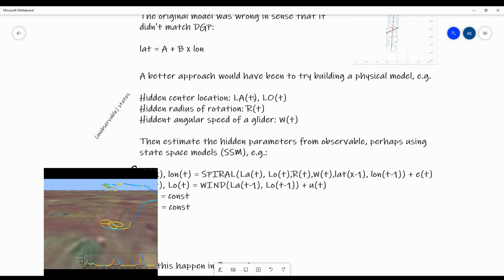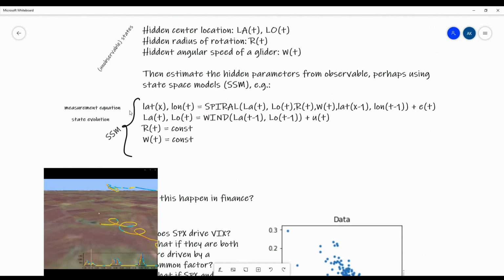And now this whole center is also being moved by the wind, right? And the thermal also moves the center vertically. So maybe we could write some sort of an equation, maybe in a state space type of setup, where we will have an equation for latitude and longitude, which we will call the measurement equation, because they are observable.